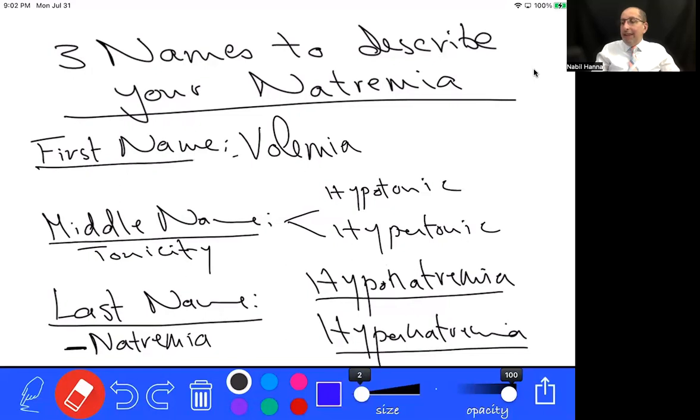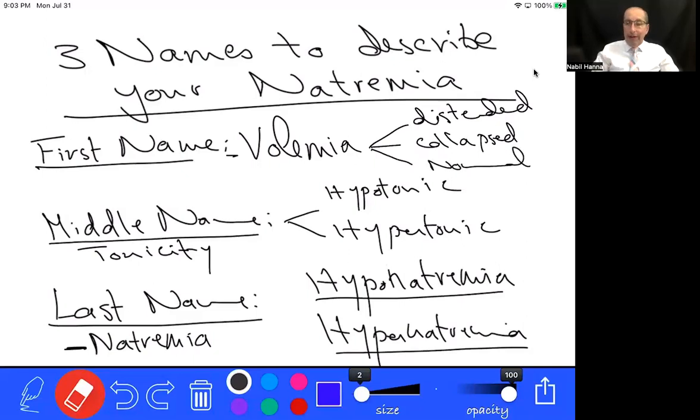You look at the neck veins. If the neck veins are distended, that's hypervolemia. If the neck veins are collapsed, that's hypovolemia. If the neck veins are normal, that's isovolemia.